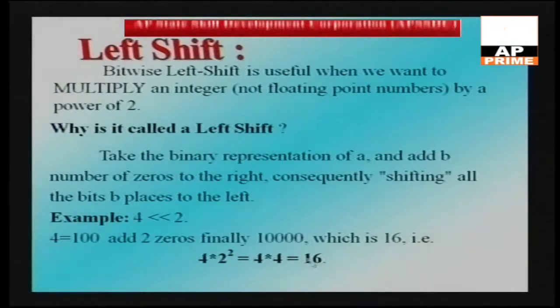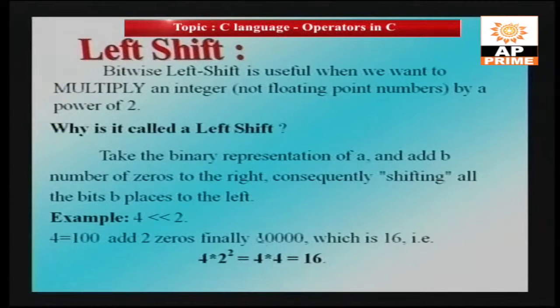What is 2 power 4? 16. Wherever there is a 1, that should be calculated. Otherwise, the direct formula is: first number into 2 to the power of second number. The first number is 4 and the second number is 2. 2 square is 4, so 4 into 4.